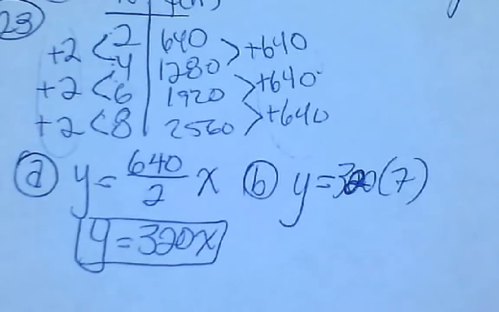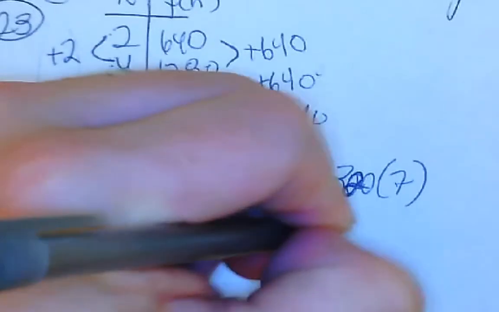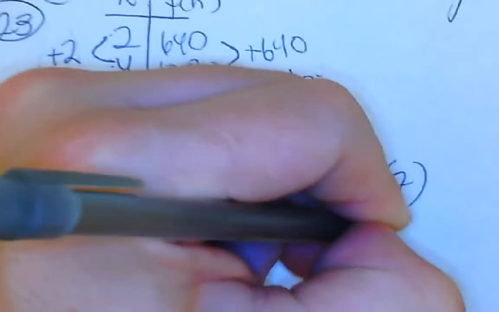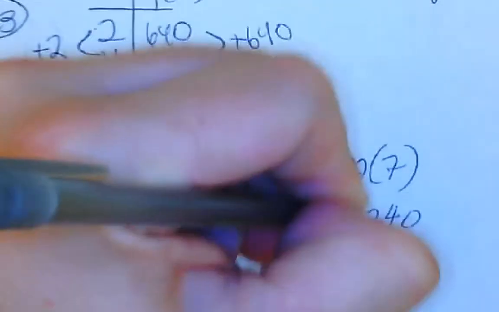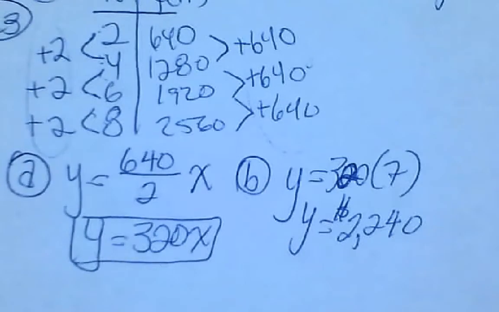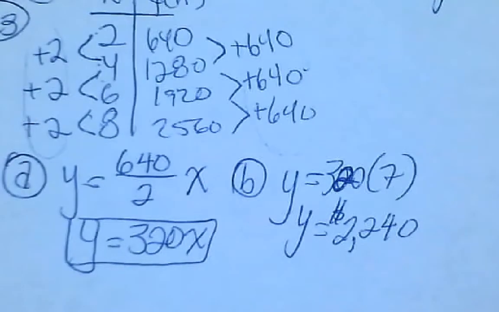That's it. All right, so we're talking $2,240. In other words, if you work for 7 hours, you get paid $2,240 for that work.